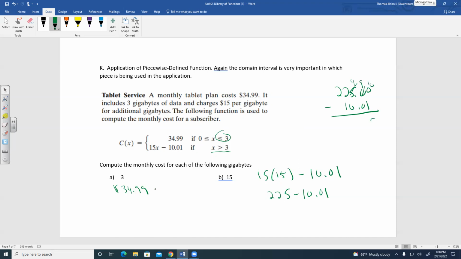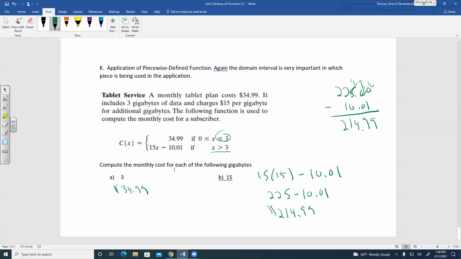So 10 minus 1 would be 9, 9. 4 minus 0 would be 4. 2 minus 1 would be 1, and a 2. So 214.99 would be that answer. Okay, so that makes sense, $214.99. So that kind of jacks up the bill quite a bit. So that's what you may have to be doing in your homework as an application problem, something like that.